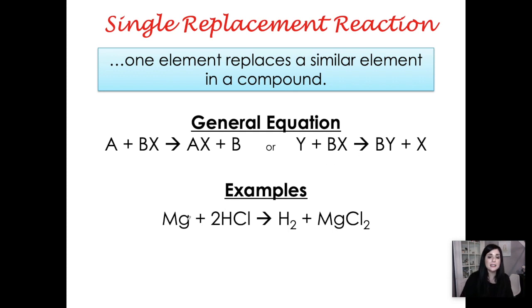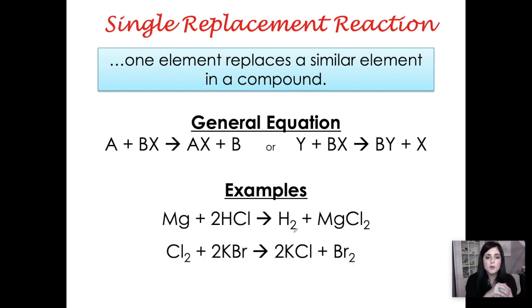So magnesium and hydrogen are switching places, and magnesium combines with chlorine on the opposite side, and hydrogen isolates itself out. You do have to check your charges here and add diatomics where necessary. You can't combine magnesium and hydrogen because they're both positives, and positives don't attract one another. We always have to have a positive bonded to a negative.